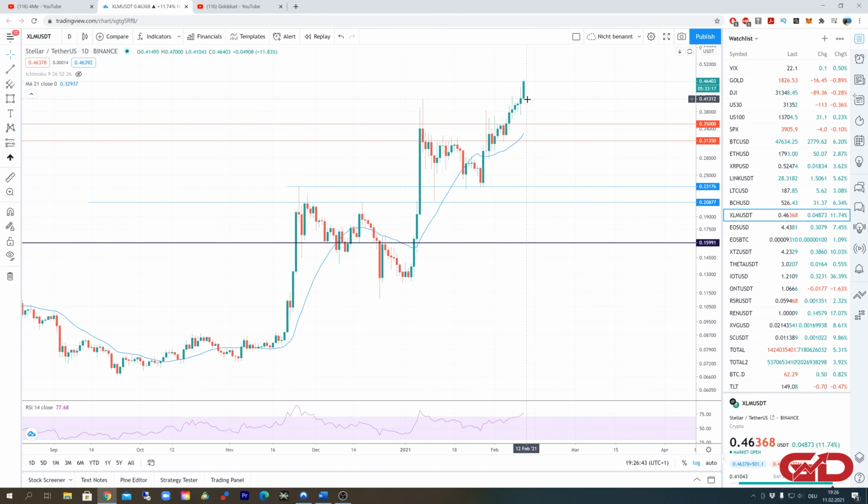So I am careful when it is very close, and I'm not counting this candle. Today's daily candle is not closed yet and it can of course change, but right now it looks good that we will have the first clear daily candle close above this local high right here.